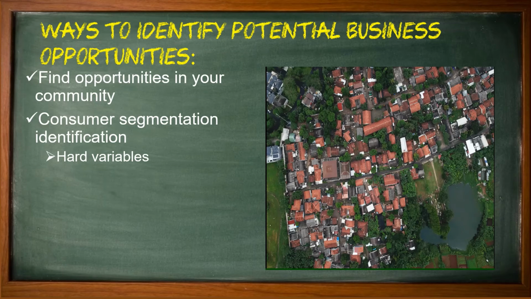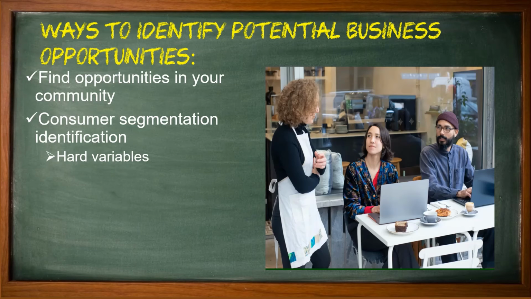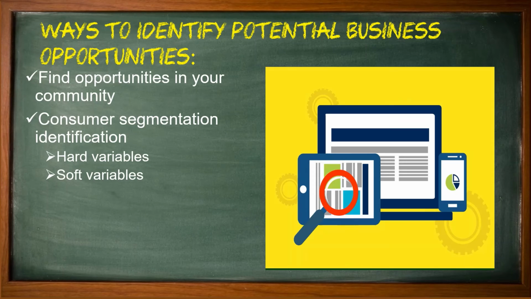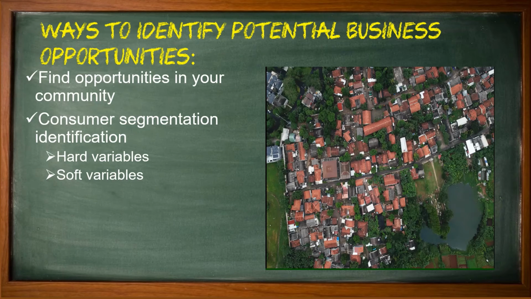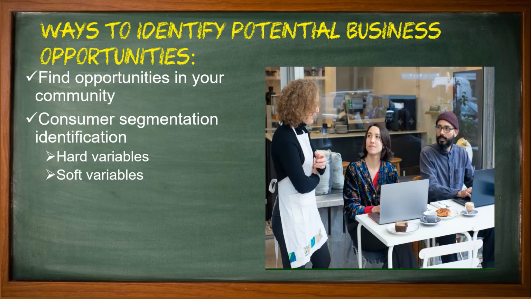For example, a lip tint producer should know how many females aged 18 and above live in a certain place, as well as their occupation. Soft variables such as lifestyle, attitude, values, and purchasing motivations. This can help identify motivations that can lead to acquiring decisions including price, convenience, prestige, durability, and design.